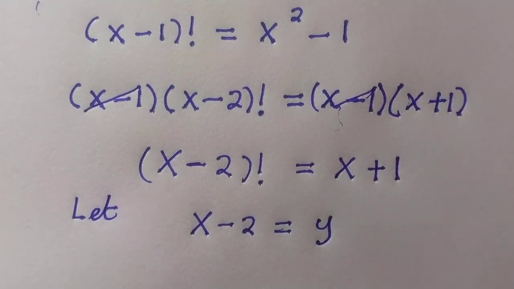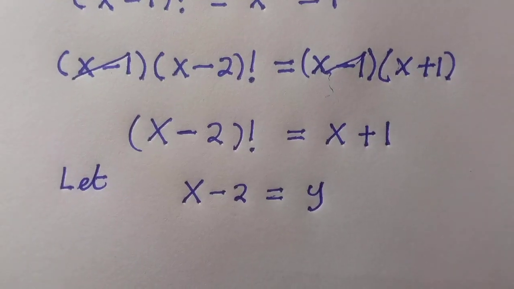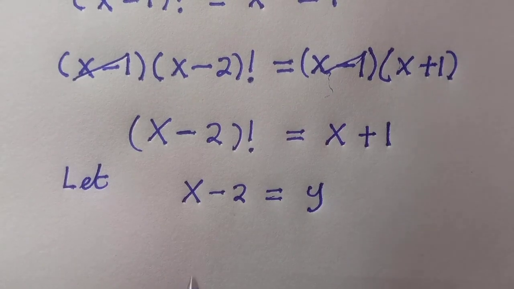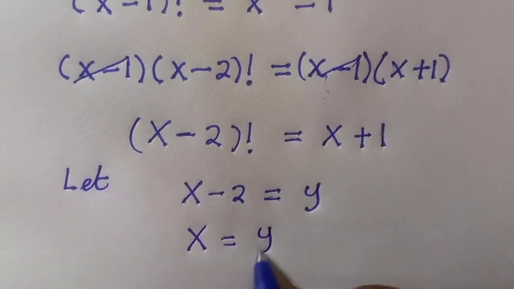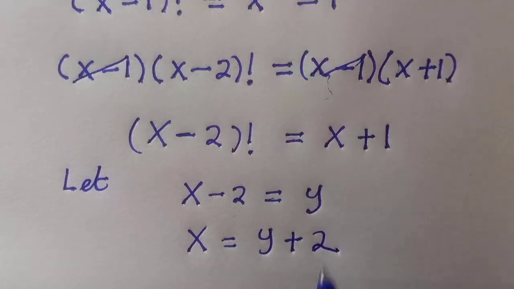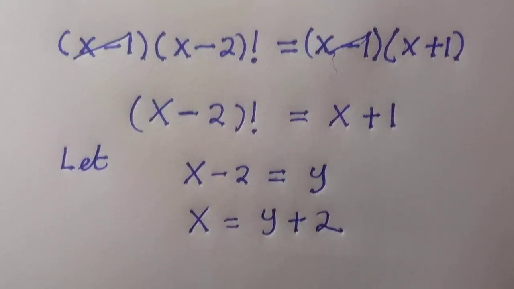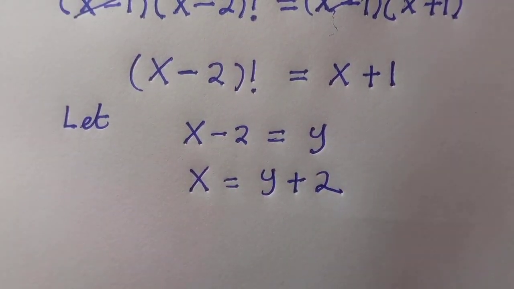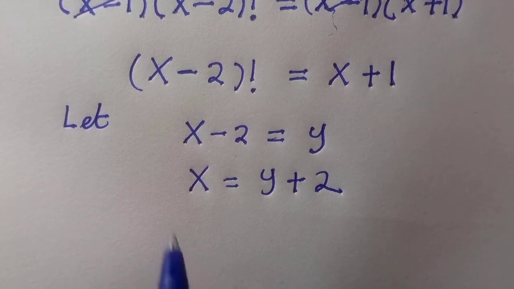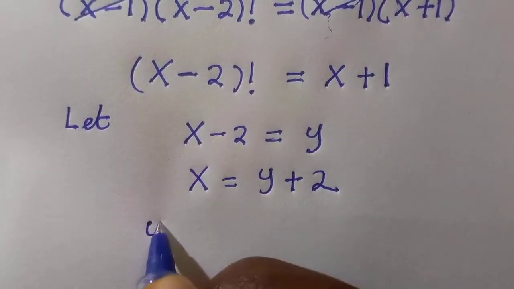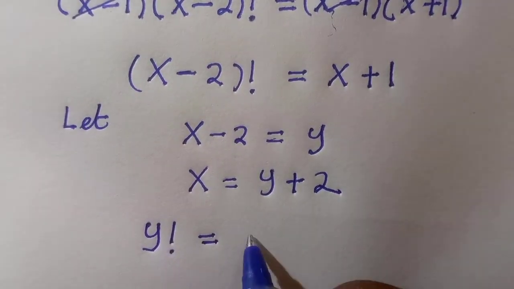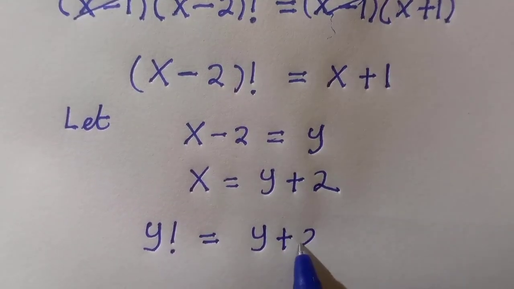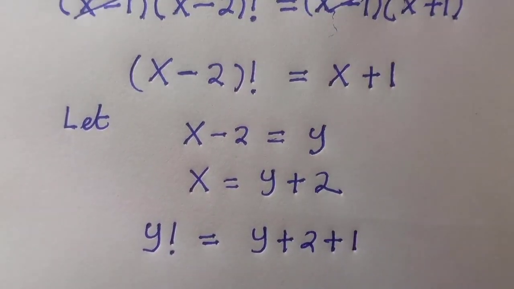If I let x minus 2 equal y, just to reduce the factorial, then by making x the subject of the formula, we have x equals y plus 2. On getting this, we substitute it in (x minus 2) factorial equals x plus 1. Here we have y factorial equals, instead of x, we replace it with y plus 2, then plus 1.